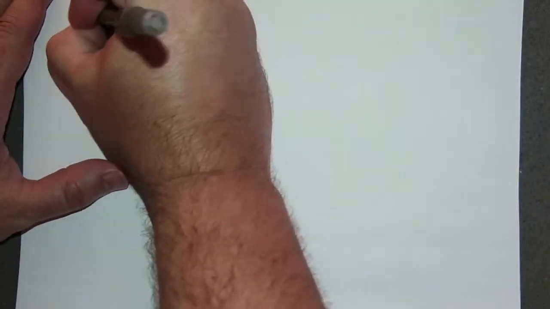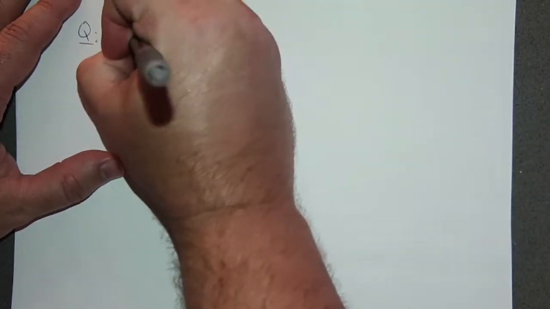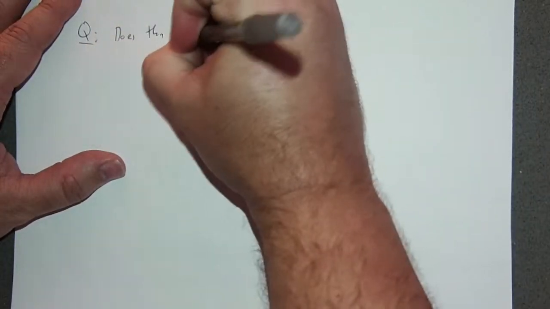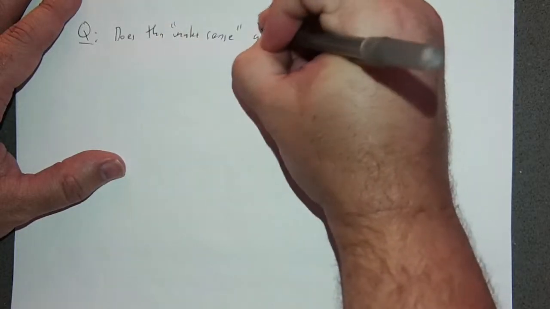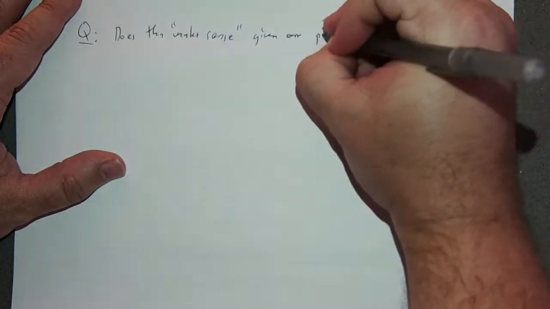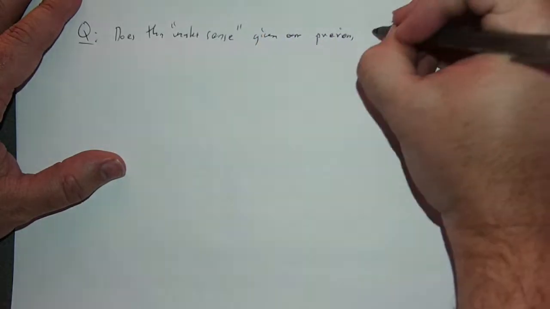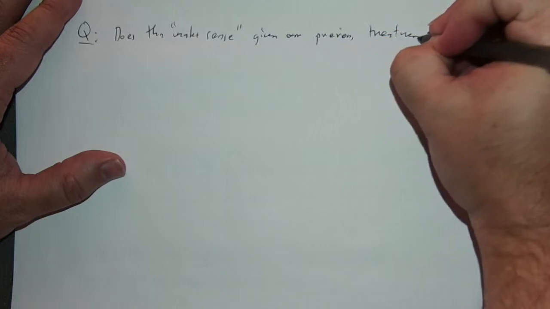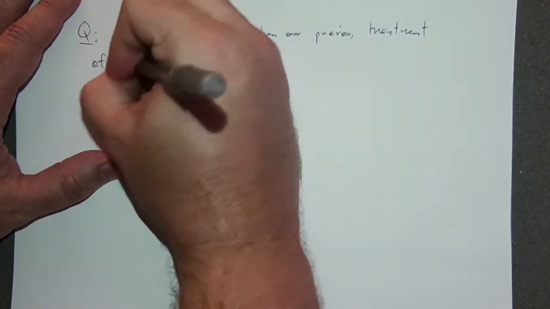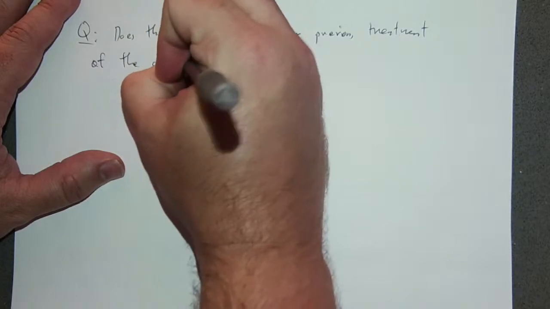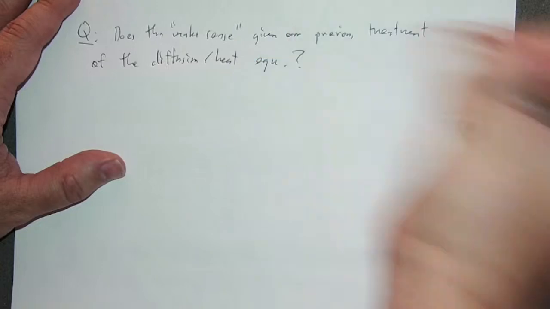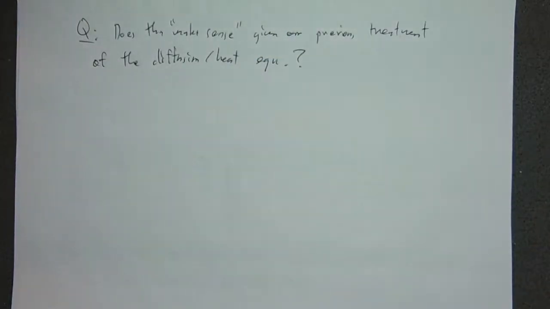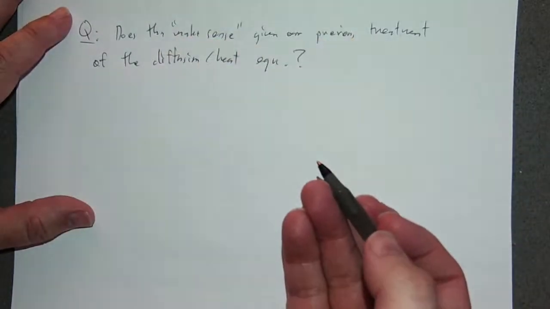So question: does this make sense with what we've previously seen, given our previous treatment of the diffusion equation? So what do I mean by this? Why would there be a problem here?